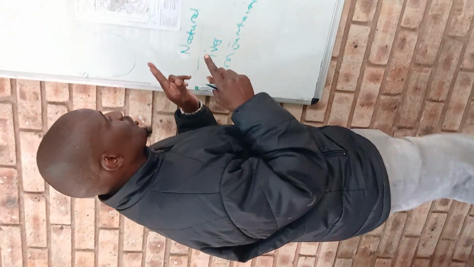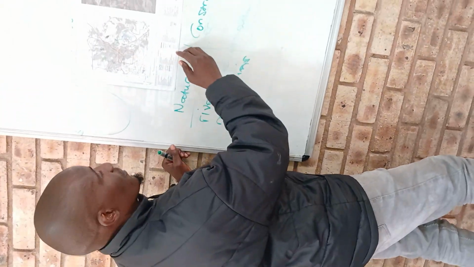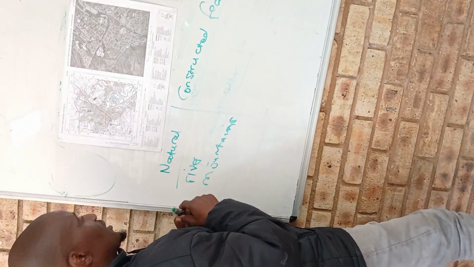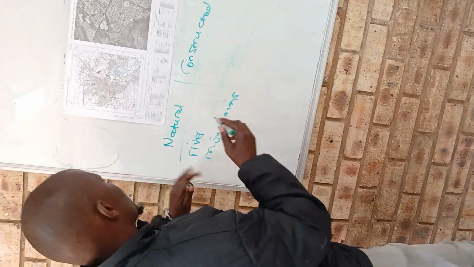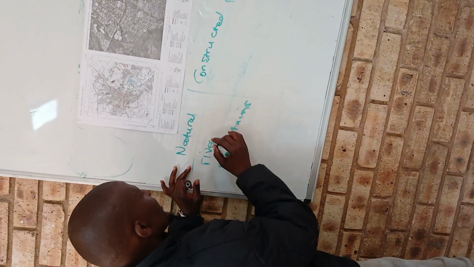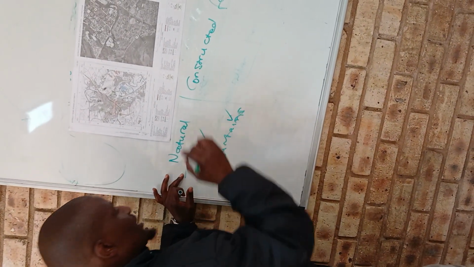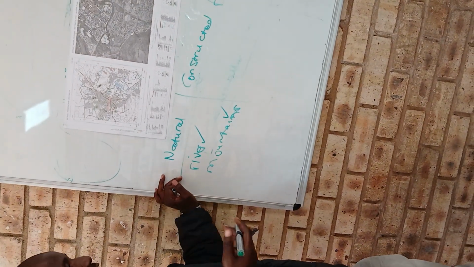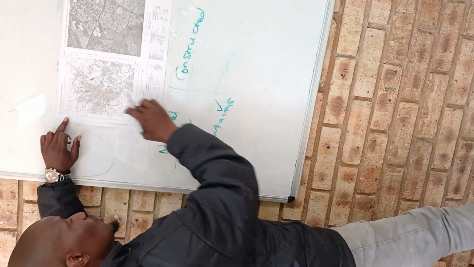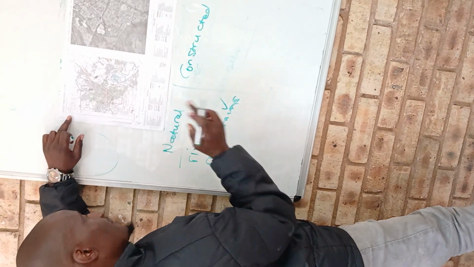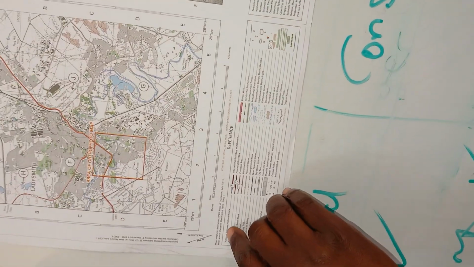So the first thing that you need to do is, once you are aware of the meaning of the symbols, then you can identify whether it's a natural or a constructed feature. Like for example, you can see here it's natural. I've talked about a river. I've talked about a mountain or mountains in general. When I'm talking about constructed, if you look on your map, you can see that we have got roads.